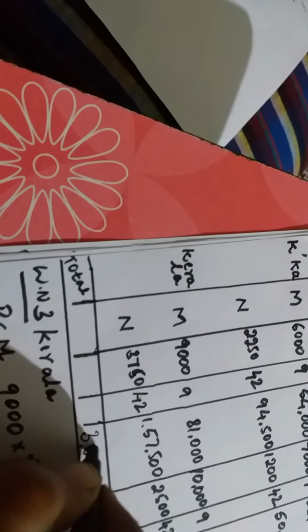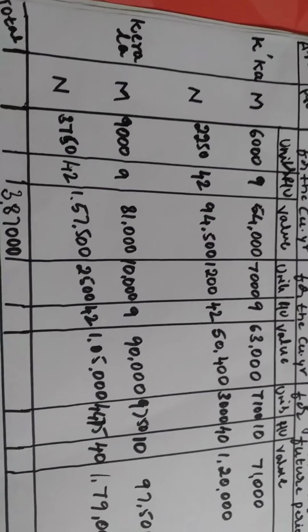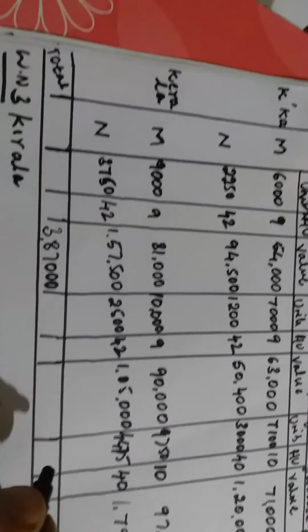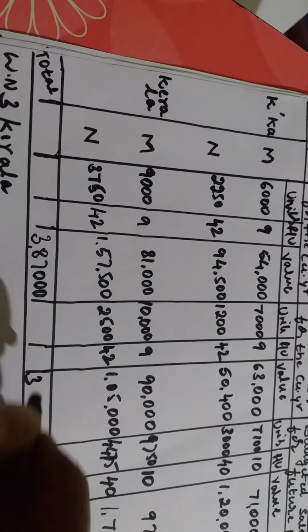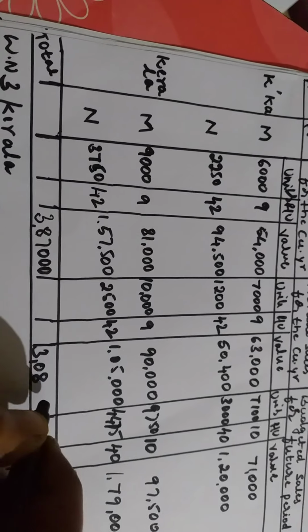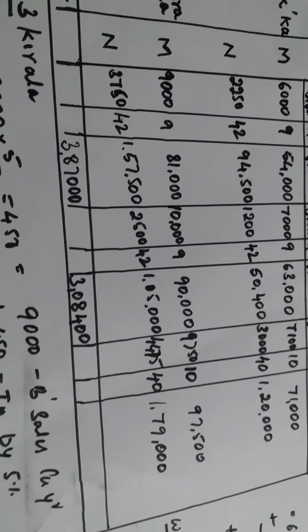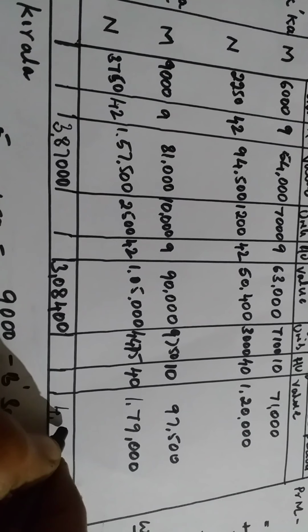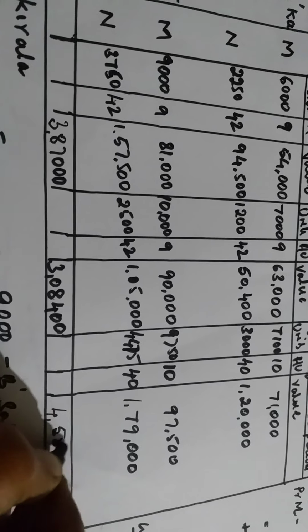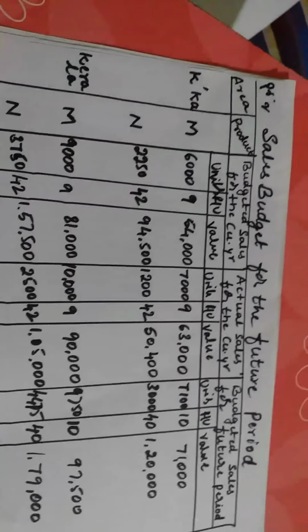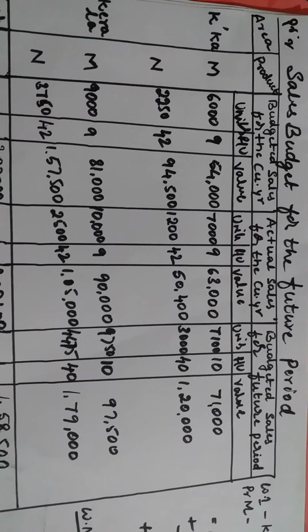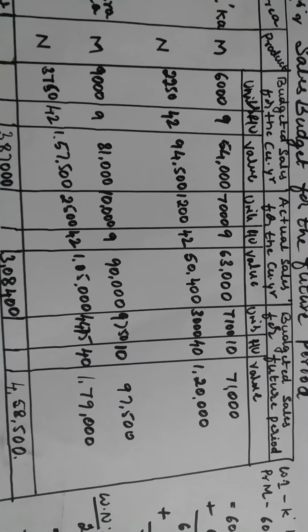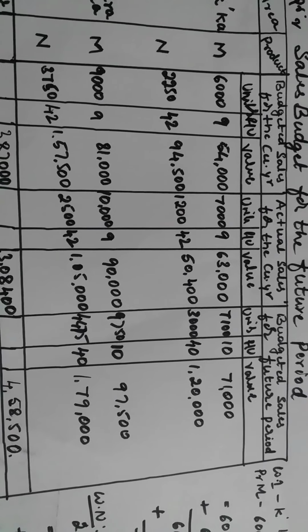The total value comes to 3,87,000, and for actual sales for the current year, the value comes to 3,08,400, and at last the value comes to 4,58,500. So these are the three different periods: budgeted sales for the current year, actual sales for the current year, and budgeted sales for the future period.